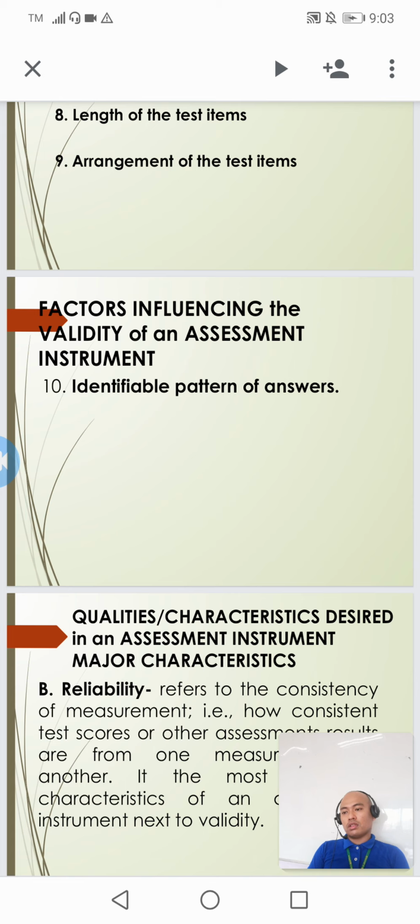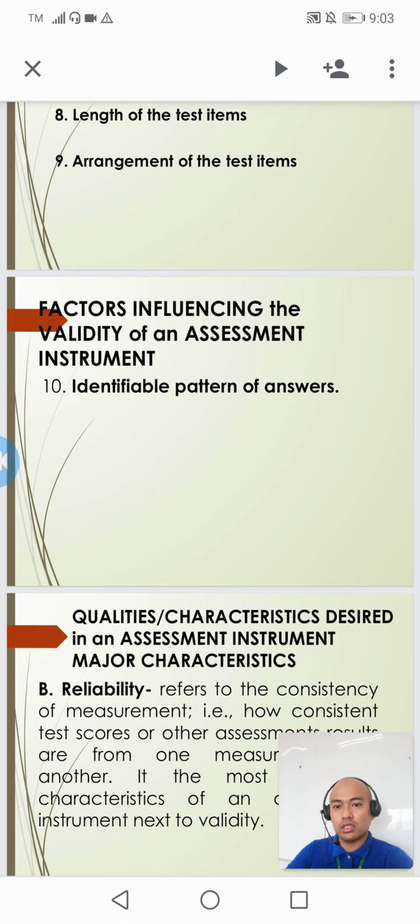Is it appropriate to give pattern on the answers, and why? Okay, so of course, placing correct answers in some systematic pattern will enable students to guess the answers to some items more easily, and this will again lower or lessen the validity of that particular test instrument.